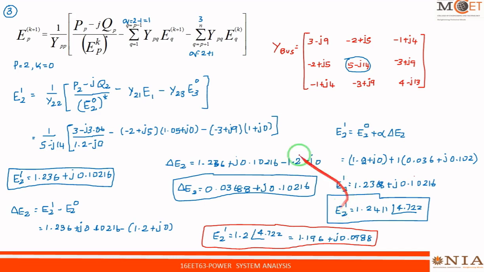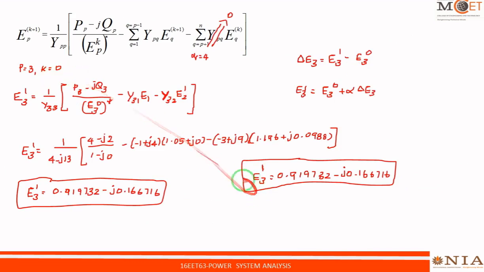Or I can fix how many iterations I have to go by fixing the value of k, which is another method of terminating the iterations. This is how we have to go till the last. Again I have to calculate E3. If all the bus voltages are not changing between the previous iteration and the present iteration, then I can stop my iterations. This is all about the Gauss-Seidel method of load flow analysis.